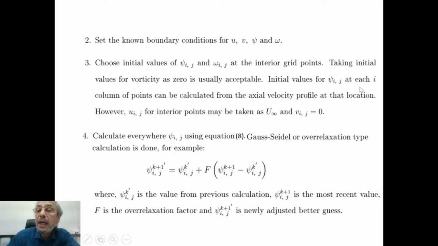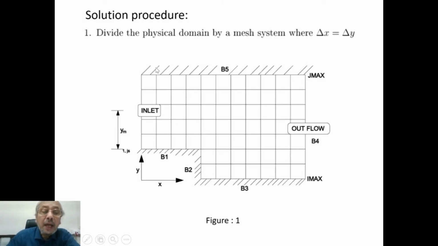Initial value of psi ij at each i column of points can be calculated from the axial velocity profile at that location. That means all i column of points, if we take, for example, i equal to 2, and j equal to 2, then i equal to 2 at j equal to 3, j equal to 4, j equal to 5, j equal to 6, etc., can be calculated from the initial velocity profile that we take.